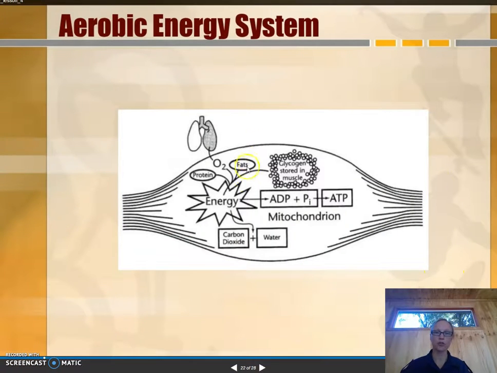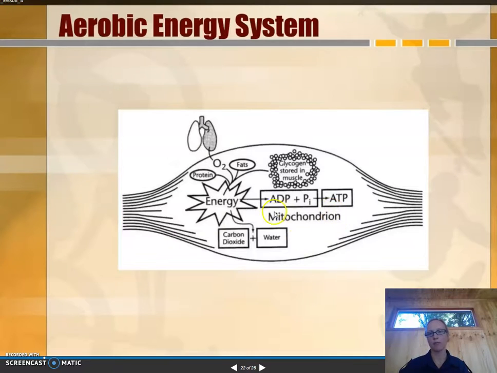So we've got a bit of a pictorial depiction here of what is going on. Okay, so you've got oxygen that is required for this chemical reaction to occur. You need proteins, fats, glycogen that's stored in muscle, okay, so intramuscular, which all contribute to the energy that's required for ADP and phosphate to bond, okay, and then the energy is released when the extra phosphate molecule is dropped, okay, and then the byproducts are carbon dioxide and water.